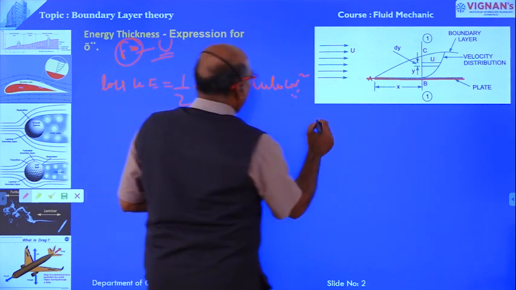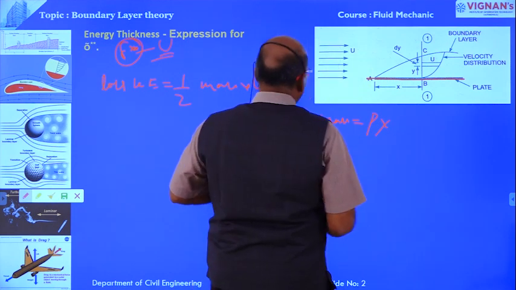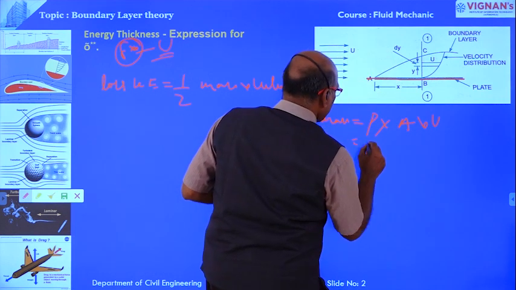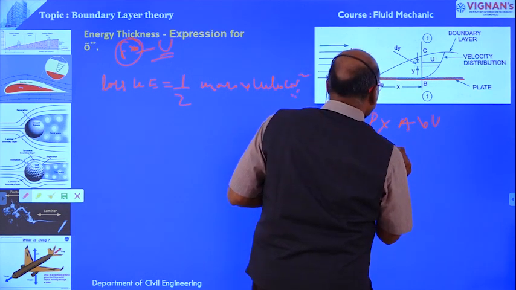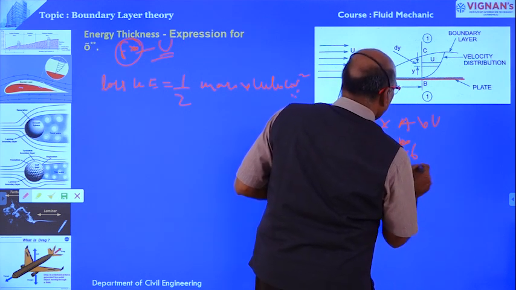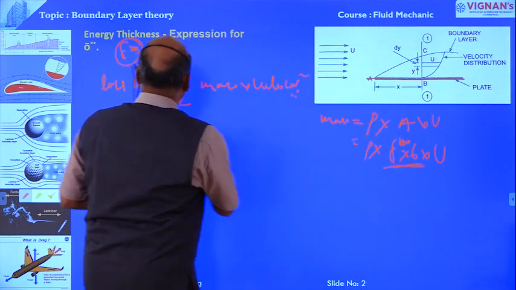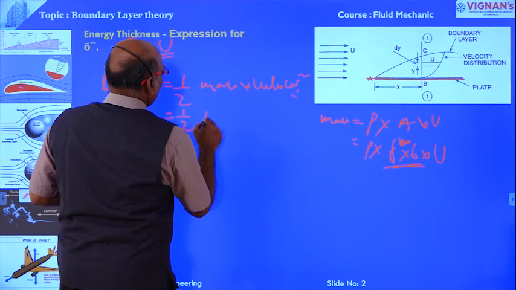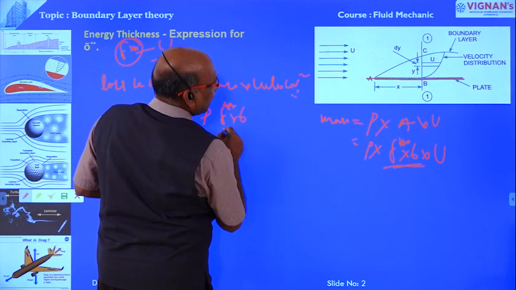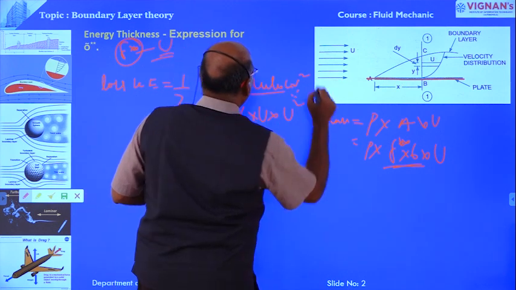Mass is equal to rho into area into velocity. Rho is the same. Area here is delta double star, the thickness, into b, the width, into the velocity of flow, capital U. Therefore half rho delta double star into b into capital U into capital U square.